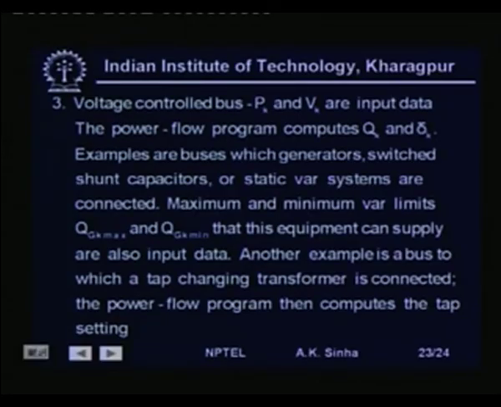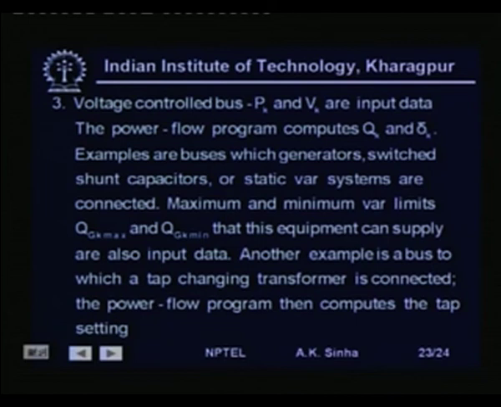We have a third type of bus bar, which we call voltage control bus bars. These are generally bus bars where we have generation. At these bus bars, Pk and Vk are specified, that is the real power and the voltage magnitude are specified, and the solution of power flow will provide us the reactive power and the voltage phase angle.